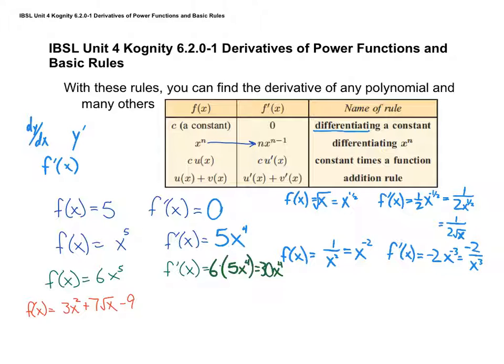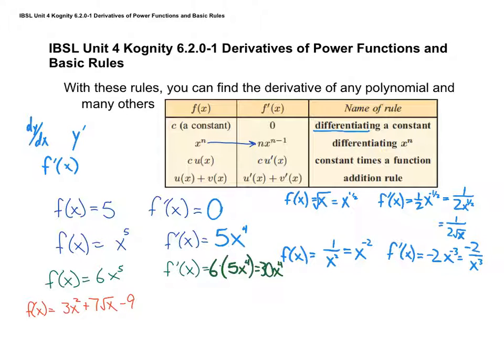Okay? We saw this with limits. If I had the limit of a bunch of stuff added together, I could take the limit of each one separately and then add those limits together. If you remember though, a derivative is just a big limit. So the rules that applied for limits carry over and apply here too.